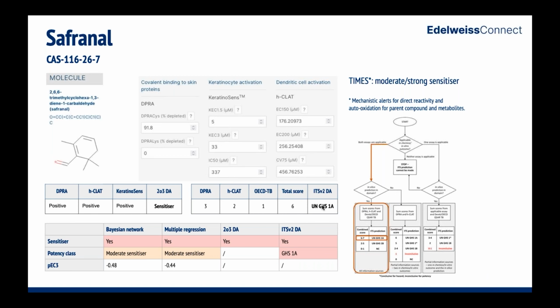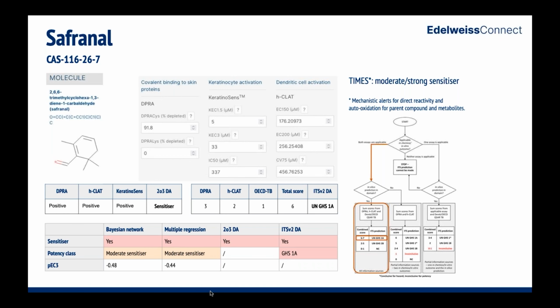That classified Safranal as a strong sensitizer. So same, if we follow the decision tree using ITS V2, both assays are applicable, in silico prediction is available and it is in domain, and the total score contribution classifies Safranal as UN GHS 1A.